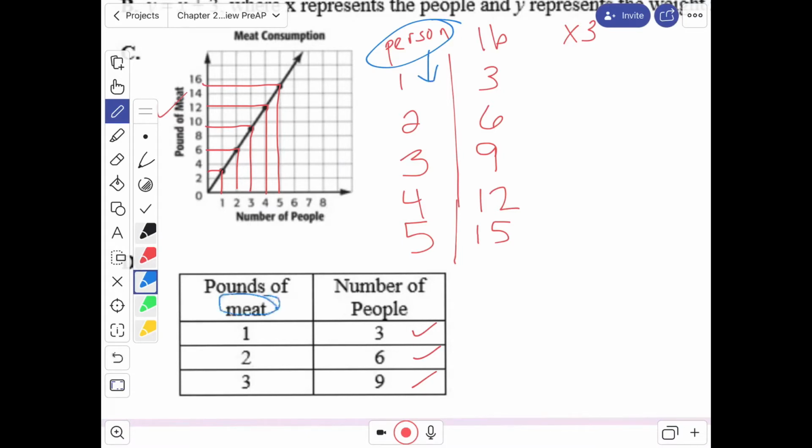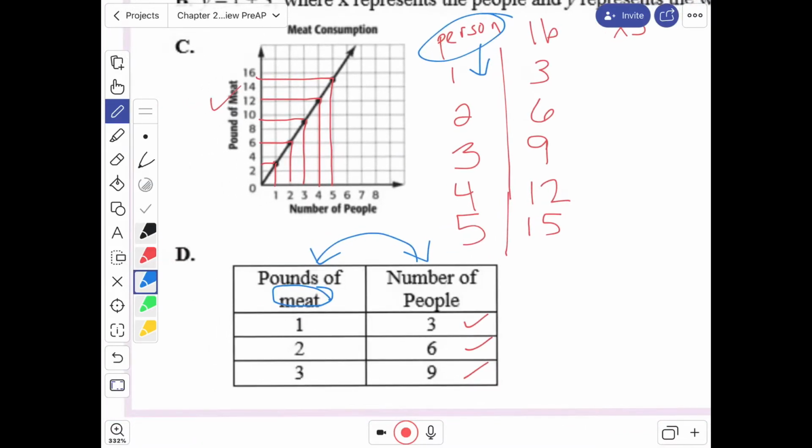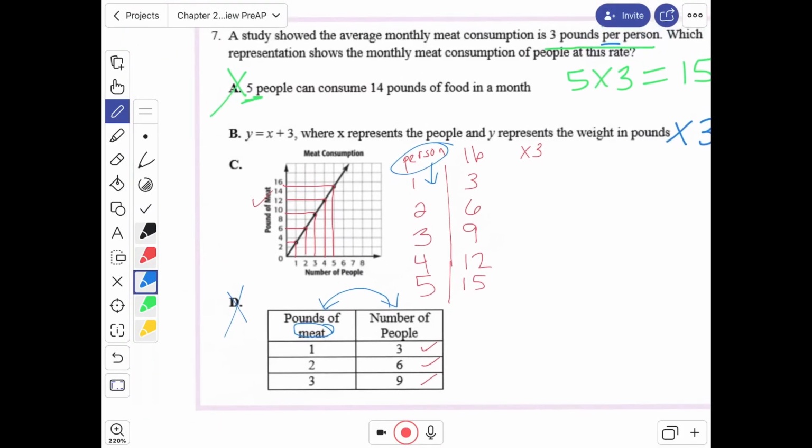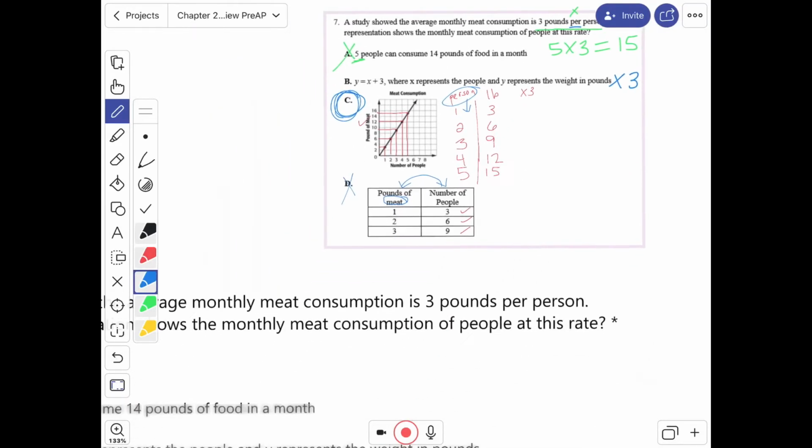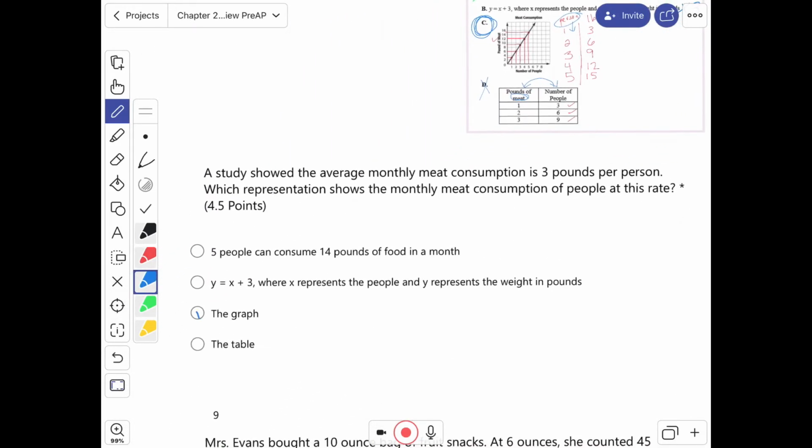This column is for meat. So look, they mixed them up. That's why it can't be that one. Don't let them trick you like that. So the correct answer is C. The graph. The graph is correct.